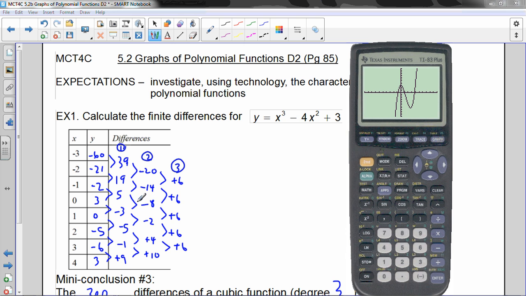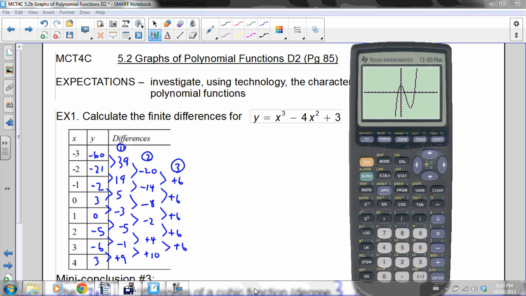And so when the first differences are positive, so for x is negative 3 and negative 2, the graph's going up. Then between 0 and 2 and a bit, it's going down. First differences are negative, graph's going down. Then after 4, the graph's going back up. Right? First differences are positive. So that's viable. I think I could get you to believe that.